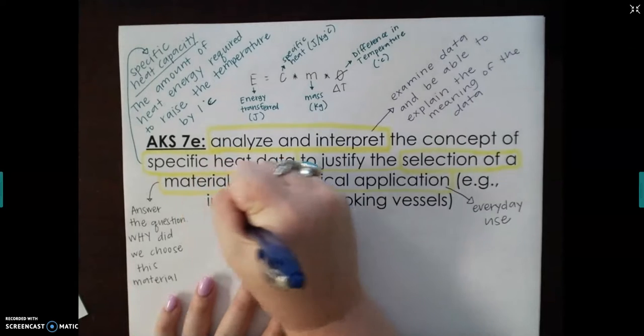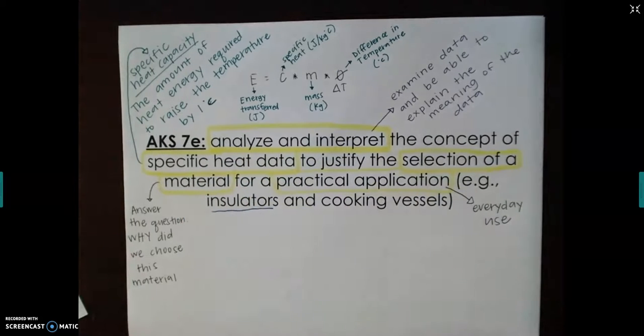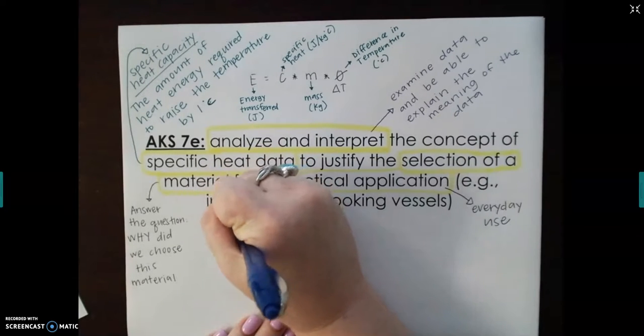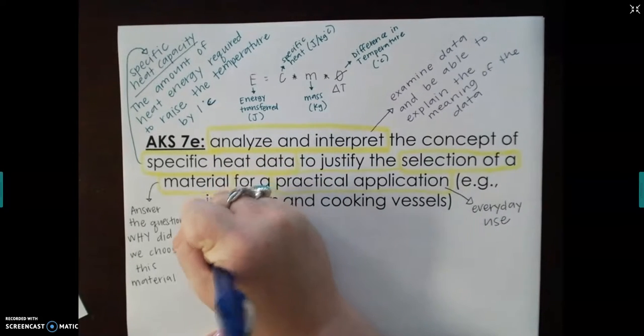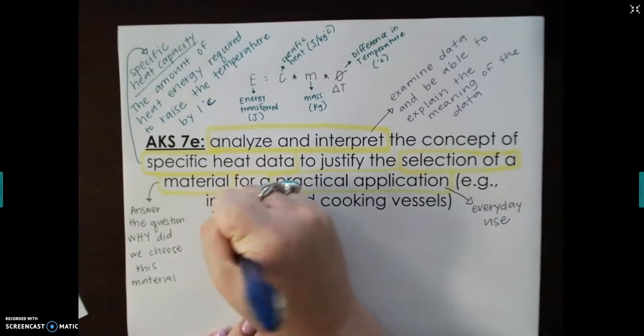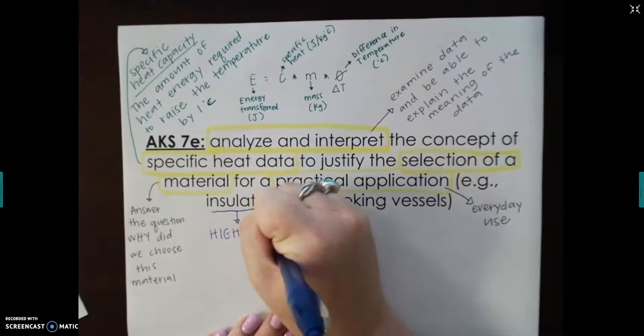I'm going to highlight it with my blue pen here. Insulators, we know, are the best material to keep something from getting hot quickly or keep it from getting cold quickly, depending on the scenario we're in. So I know that an insulator is going to have a high specific heat.